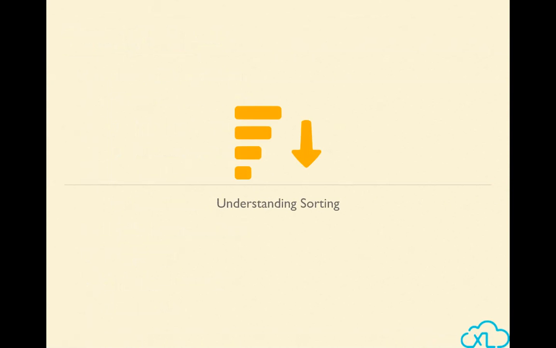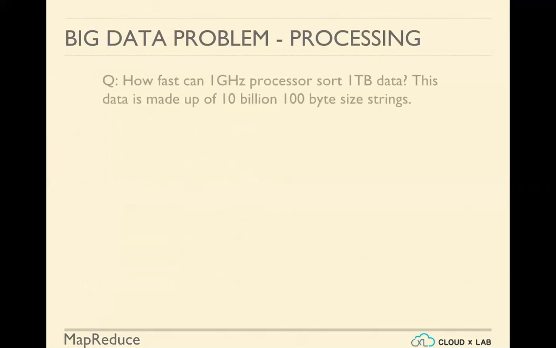First of all, let's try to understand what it means by sorting. Let me ask you a very simple question. How fast can a 1 gigahertz processor sort 1 terabyte of data?